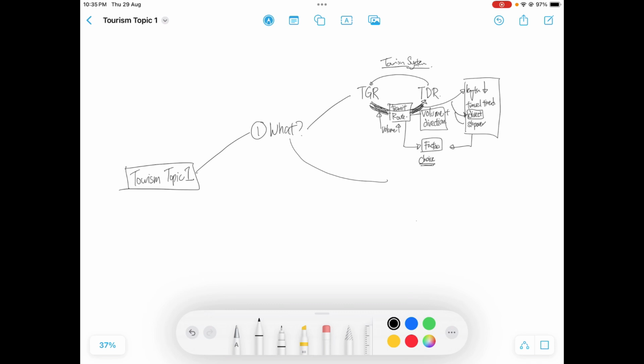You see, in GL we talk about relationship. In tourism, we also talk about relationship. We need to know the relationship between TGR and TDR, right?